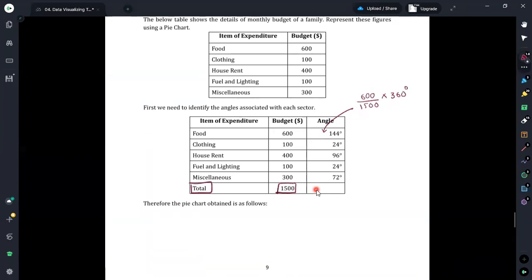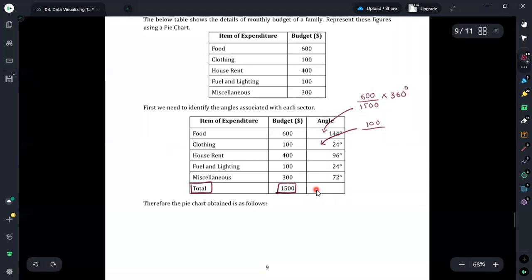Since we are not going to worry about the radian measures, we are just using degree measures. Once you perform this calculation, you will get the angle for the sector associated with the food category equal to 144 degrees.